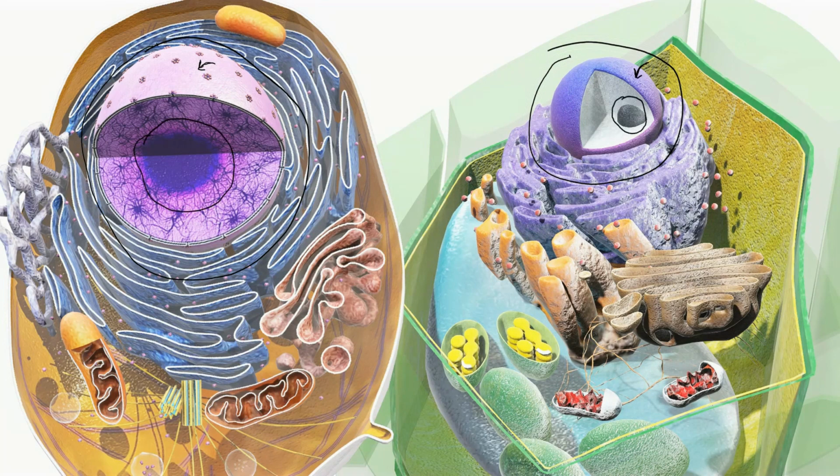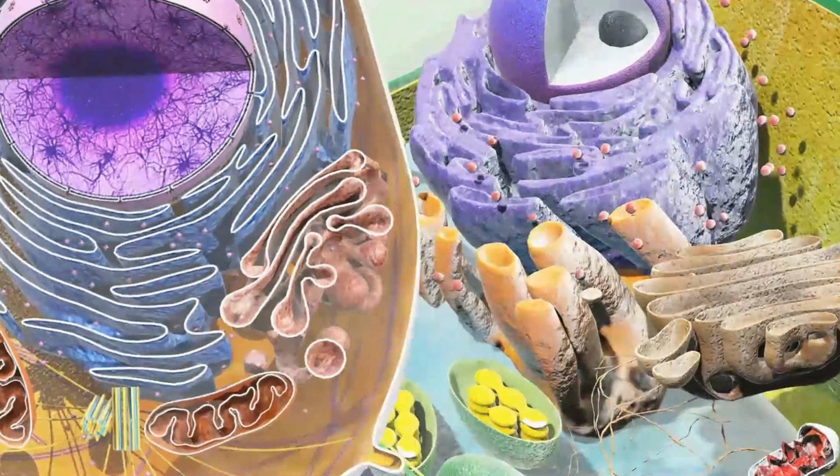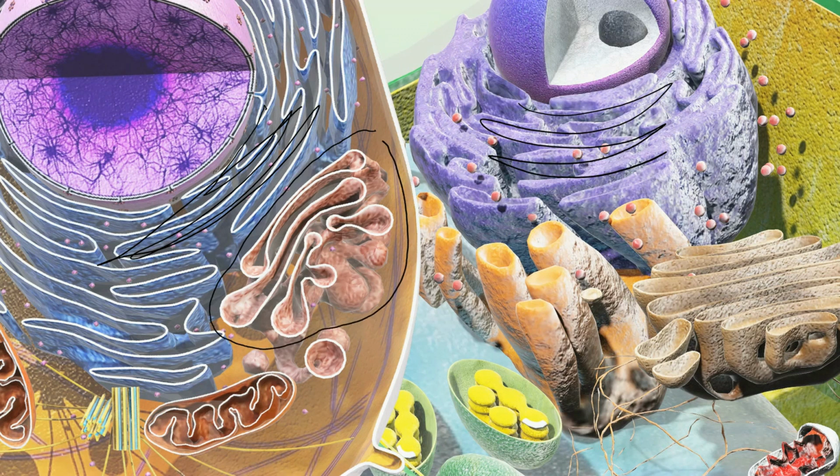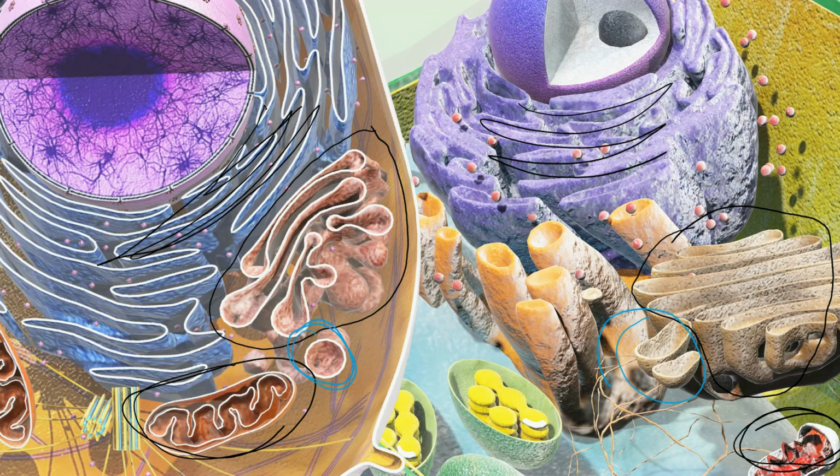They all have cytoskeletal components, specifically our microtubules, microfilaments, and intermediate filaments. Both our plant and animal cells have an endoplasmic reticulum, both smooth endoplasmic reticulum and rough endoplasmic reticulum. They both have a Golgi apparatus. They both have mitochondria. They both have vesicles for transport, and they both have vacuoles.